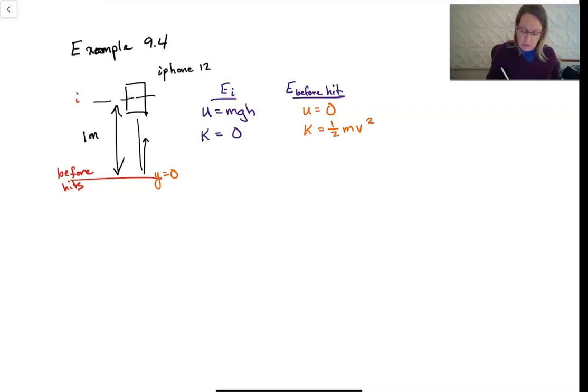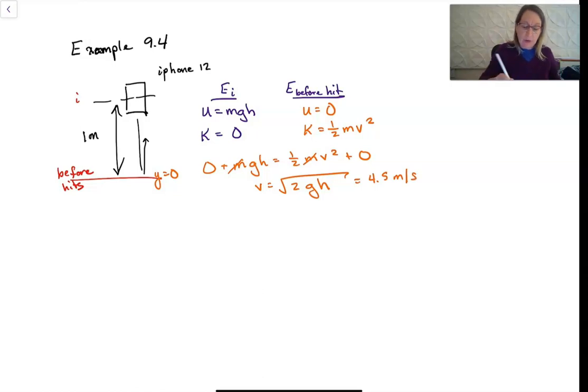And so if we solve these, we have mgh is equal to 1/2 mv squared, plus a 0, and the mass cancels. V is equal to the square root of 2gh. And when I put in 1 meter for that, I get a speed of about 4.5 meters per second. Okay. So we're going to look at that hitting the floor.